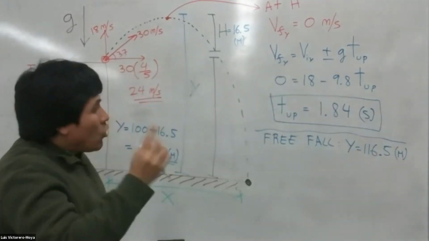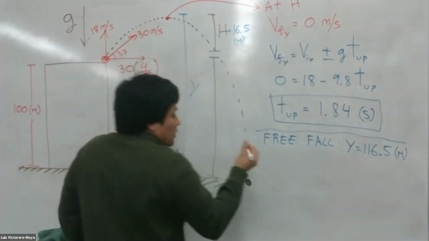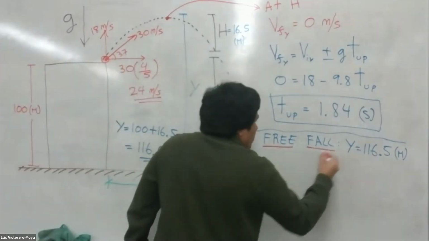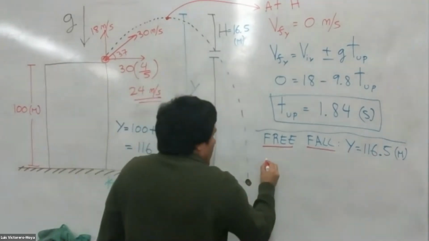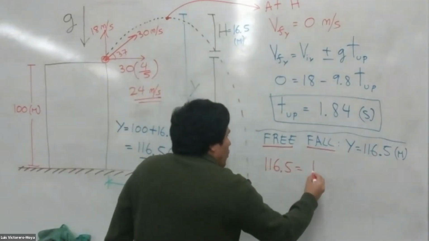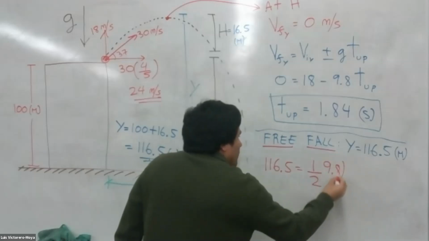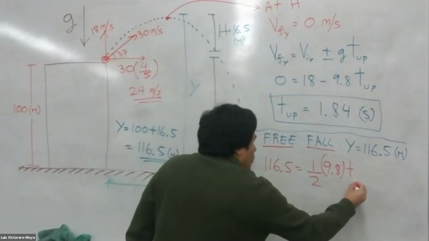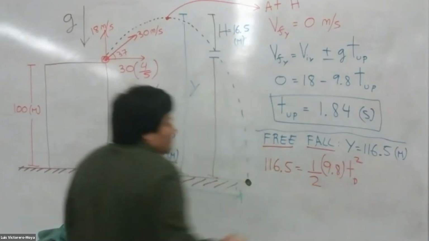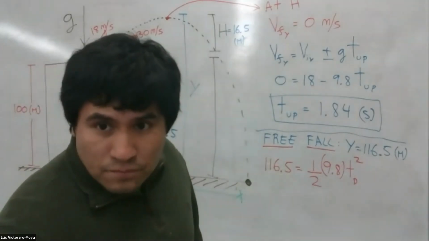I can find how long it takes to do that. Because it's a free fall, it means that there's no initial speed. So 116.5 is equal to 1/2 gravity times the time to go down squared. Now that's how I find the time to go down.